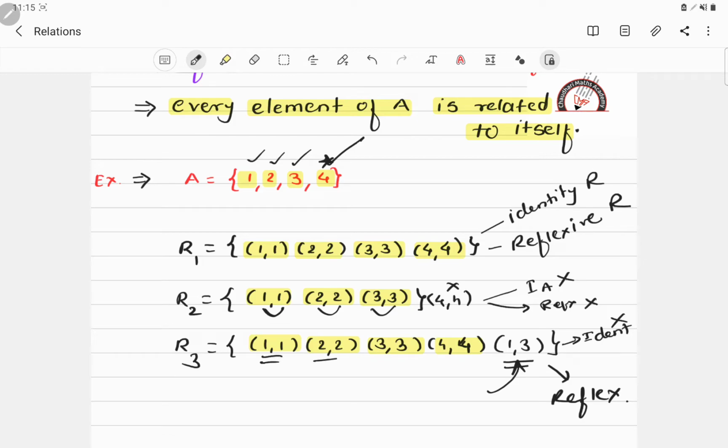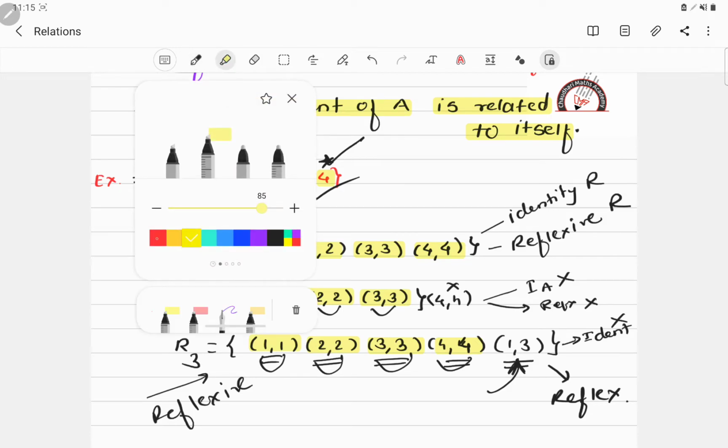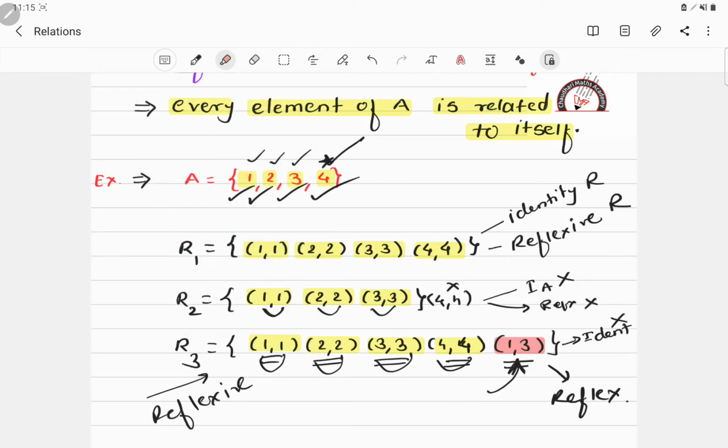But make sure all the elements of set A are in relation with itself. If you observe, 1 is covered, 2 is covered, 3 is covered, 4 is covered, and all these 4 elements are in relation with itself. There might be an extra element in that relation, and this R3 is reflexive, but because of this extra element 1 3, please observe, it is not identity.